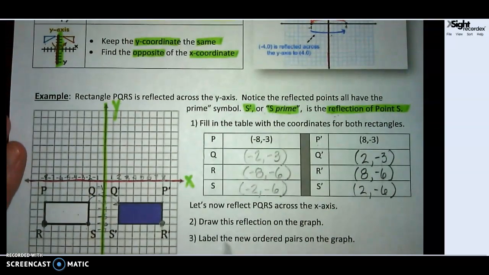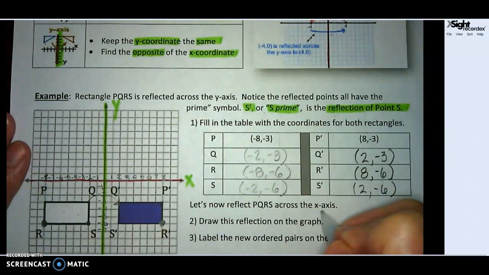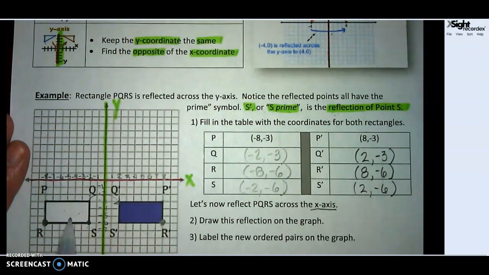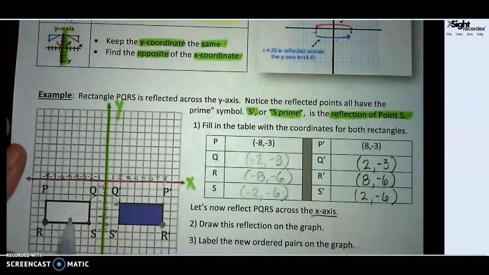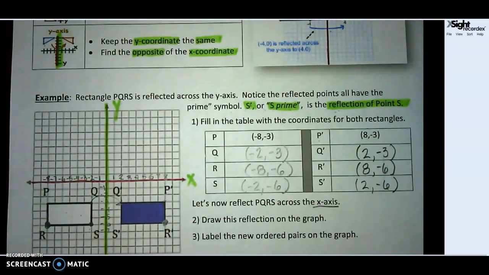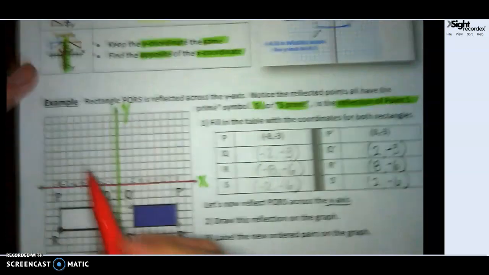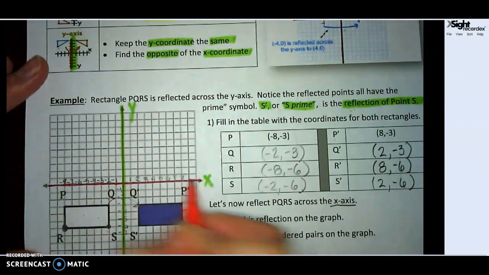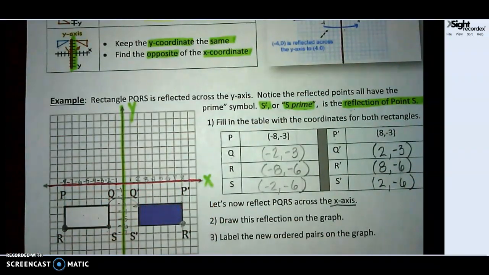So this at the bottom is asking us to do a reflection across the x-axis. So we're going back to our original shape here, okay? And if it is being reflected across x, here's the x-axis.